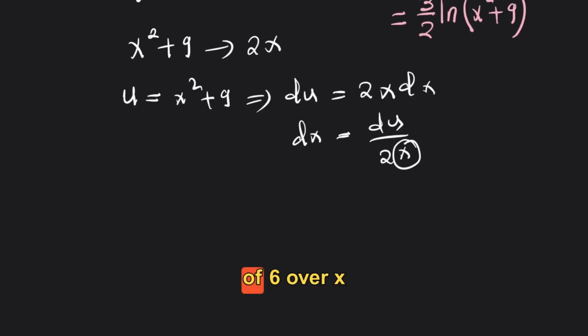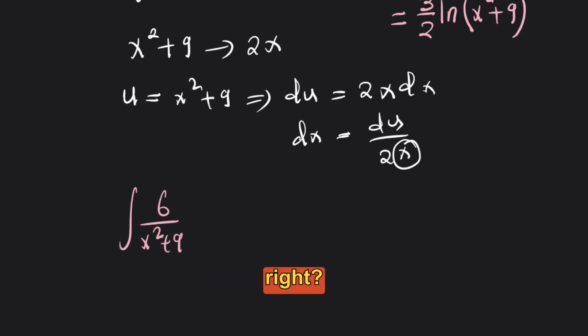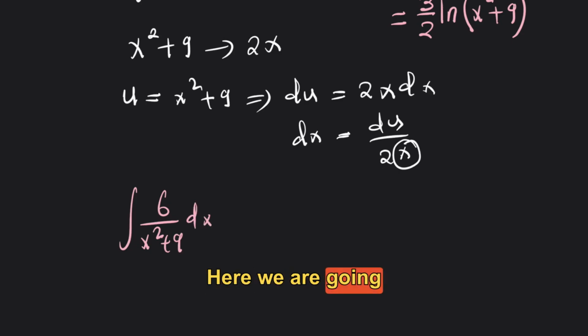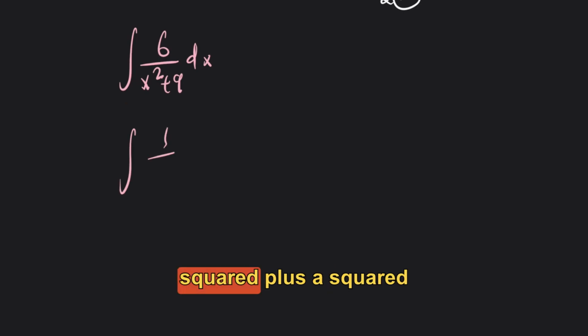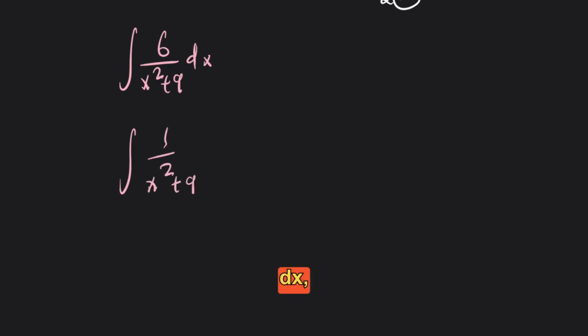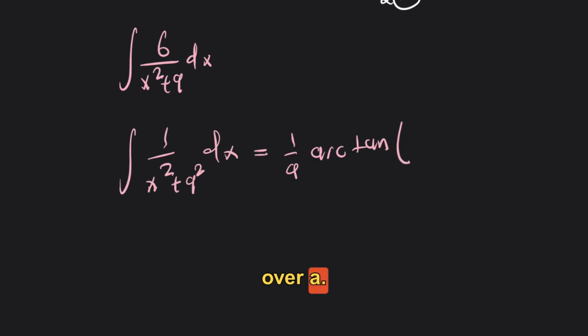Now for the integral of 6 over x squared plus 9 dx, here we are going to use the integral of 1 over x squared plus a squared dx, which is 1 over a, then arctan of x over a.